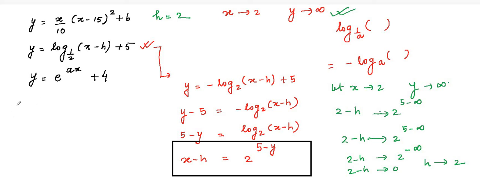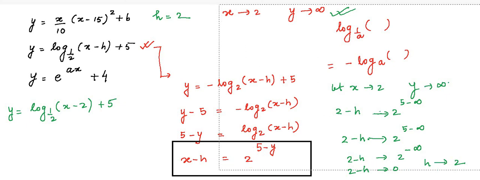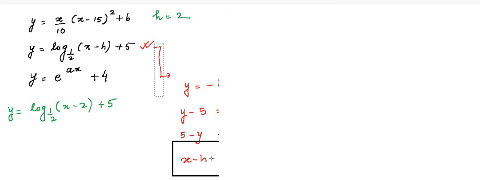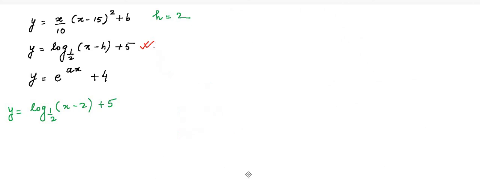So now the equation will be something like y is equal to log 1 by 2 (x minus 2) plus 5. Now in the question it was asking at what particular value this stock is going to be equal to 0. It means that y has to be 0. So let's see.